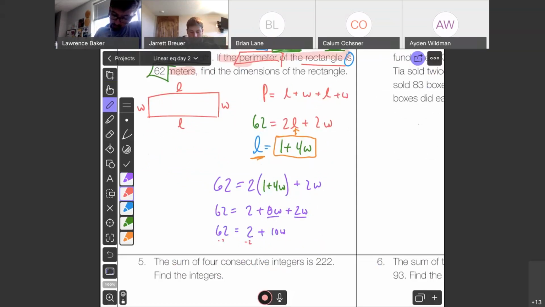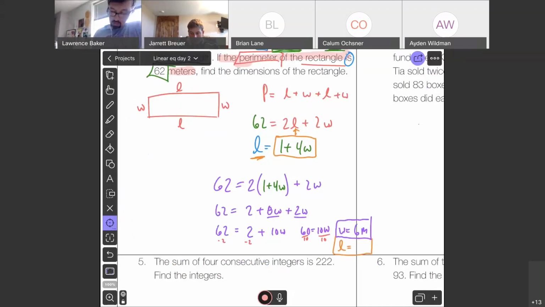Subtract 2. Divide by 10. So it looks like W equals 6, and since we're talking about meters, 6 meters. So then what's L? If it's 6 meters wide, how long is it?